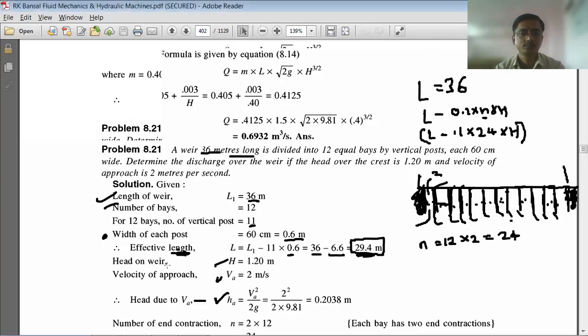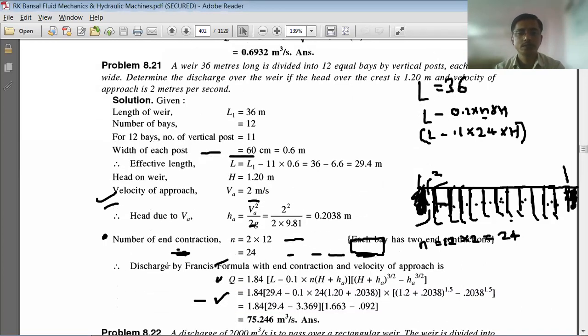Then put all these things in the formula. Q is equal to 1.84 into L minus 0.1 into N into H plus HA, and find out the discharge. Do it fast. If you are having any doubt, you can ask.